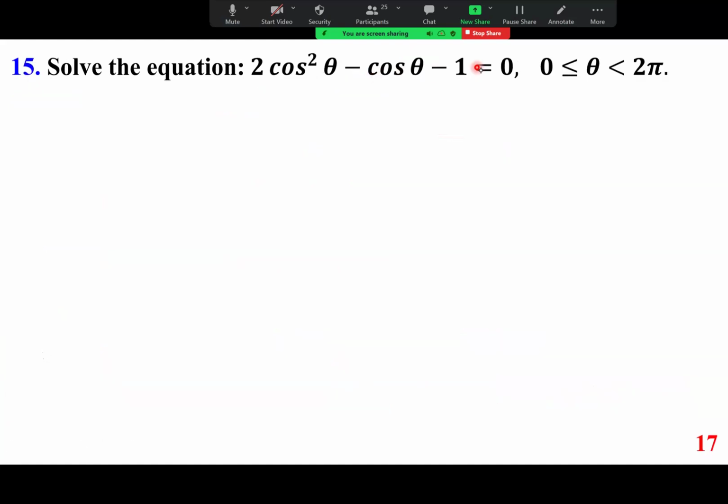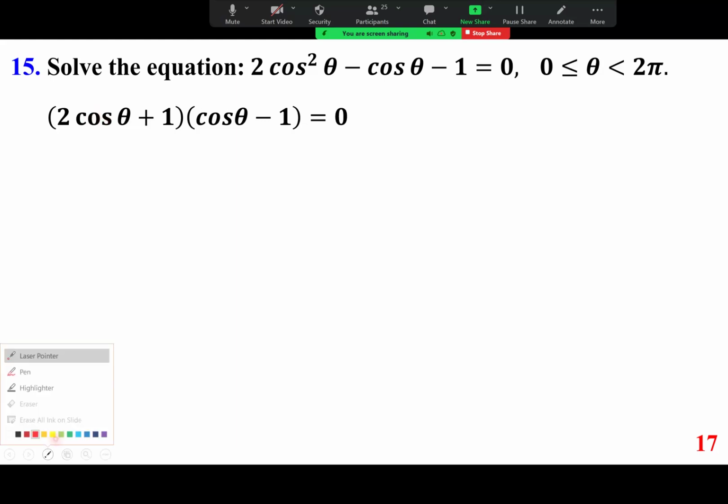Solve this equation. Well, this is a quadratic equation with respect to cosine. All you have to do is factor it. And 2 is a prime number. So cosine theta and 2 cosine theta. And this is negative 1. So 1 and negative 1. Which one? You have to check it out. So 2 cosine theta plus 1 times cosine theta minus 1. Please understand, this is cosine theta. This is minus 2 cosine theta.